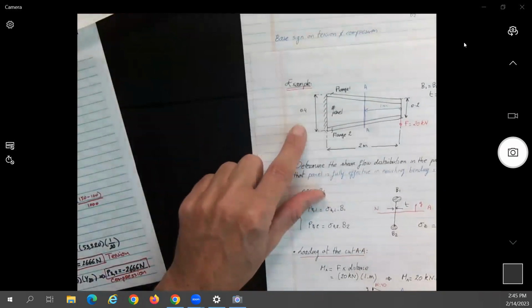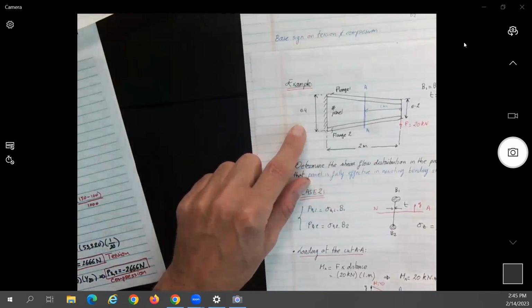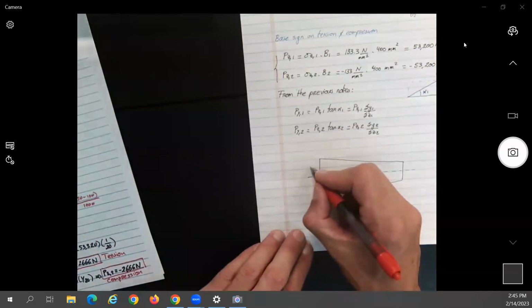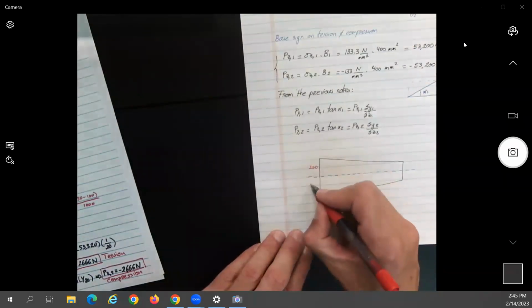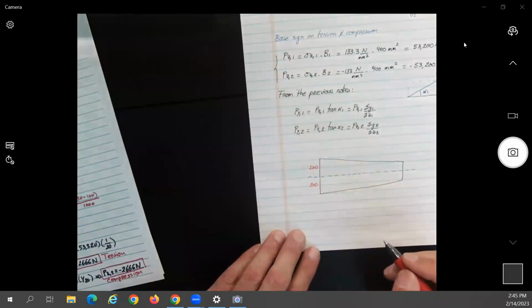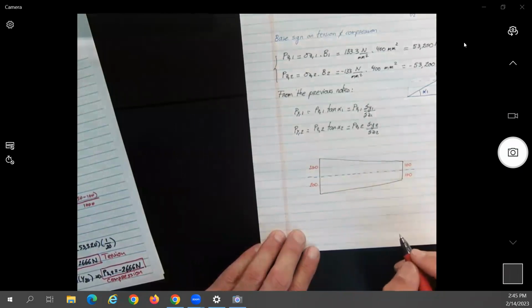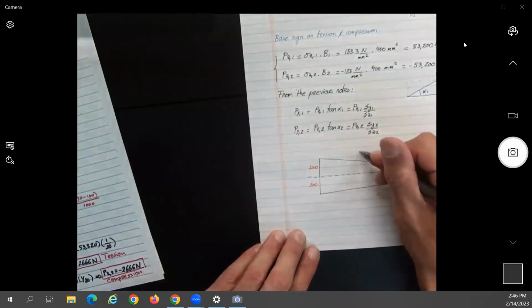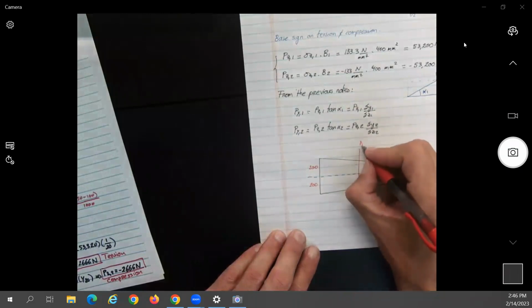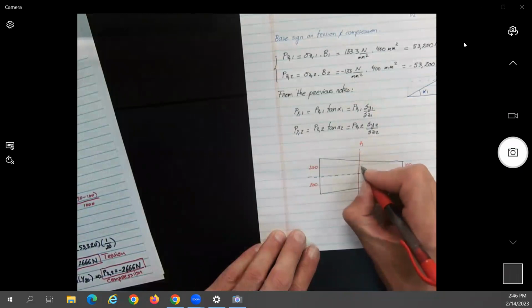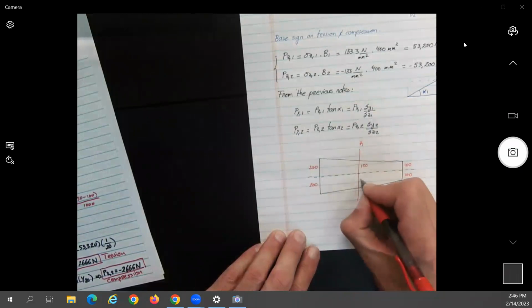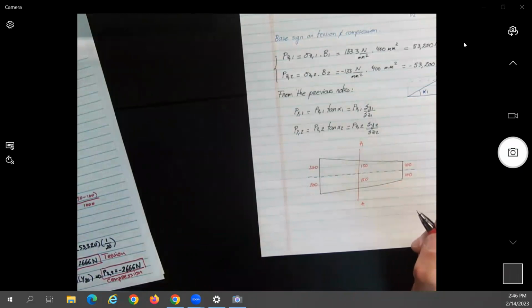We had 4 meters, which is 400 millimeters, no? Yeah. Or I could say this is 400, I could say this is 200. This is 200. And I could say this is 100. Or if I look at the cut, what will be this distance here? Will be 150, 150, no? Okay.